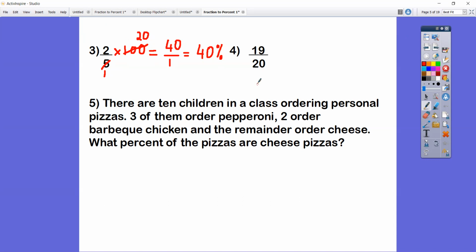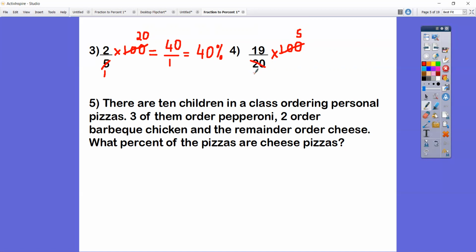All right, let's do this. Step 1, set up our multiplication times 100. That's step 1. That's all you have to do. Step 2, let's go ahead and start our division. So 100 divided by 20 is 5.